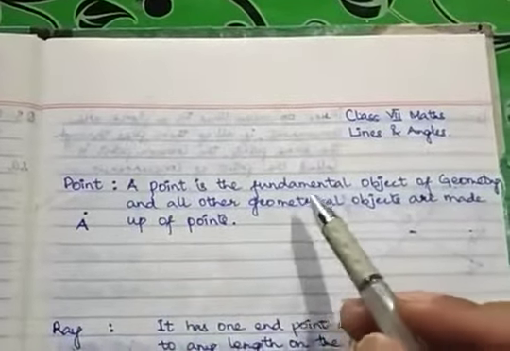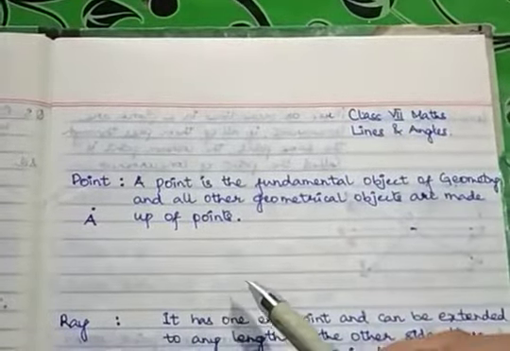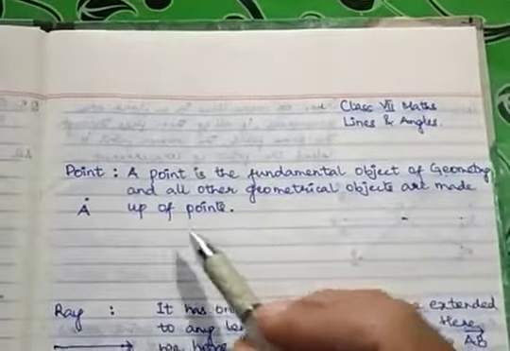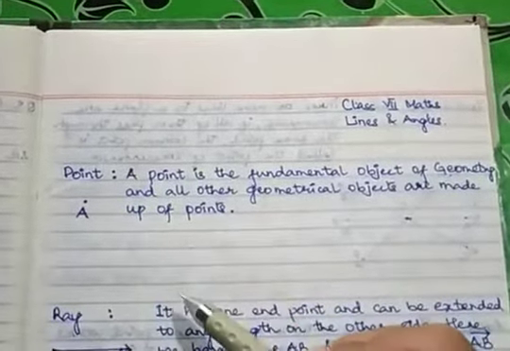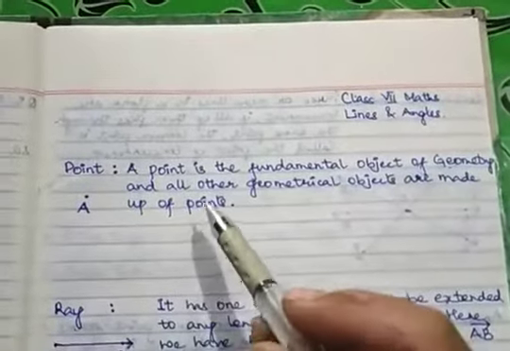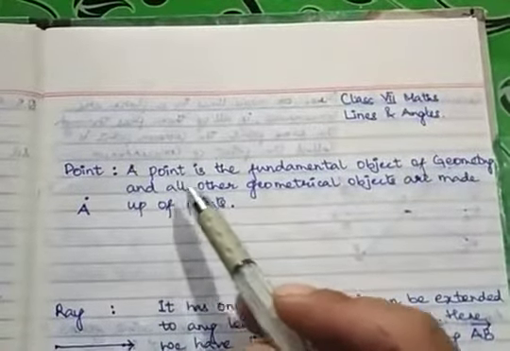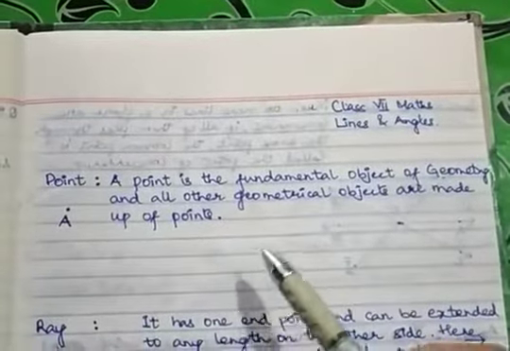So what does that mean? A point is simple, the base of geometry. That is why it has been said a point is the fundamental object of geometry.